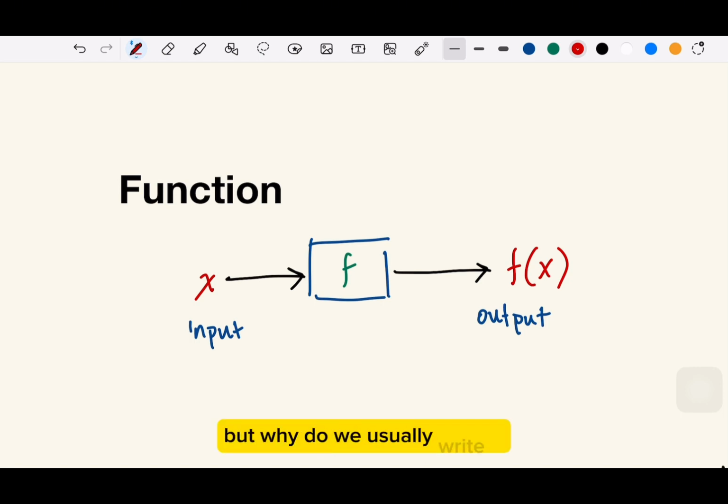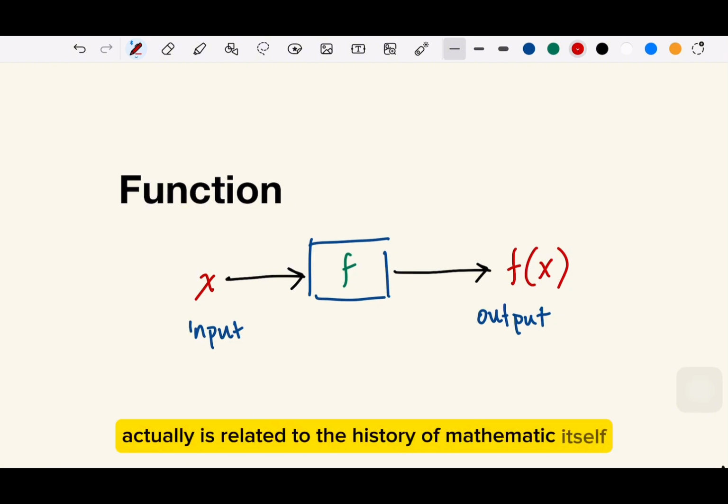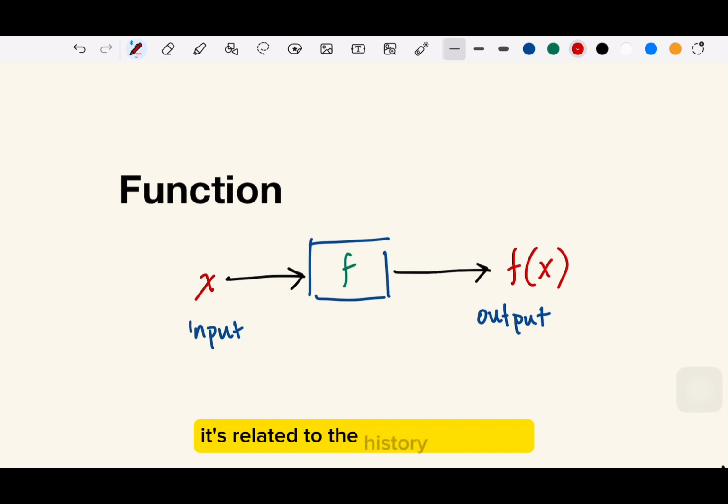But why do we usually write x? Have you asked yourself, why not a? Why not b? Why x? It's related to the history of mathematics itself, from Latin and from the Arabs. The Spanish translated mathematics works from the Arabic world, and when they translated, they needed to understand the concept.